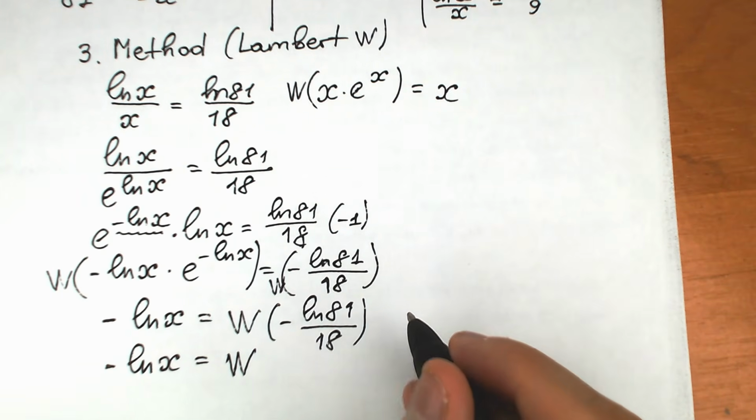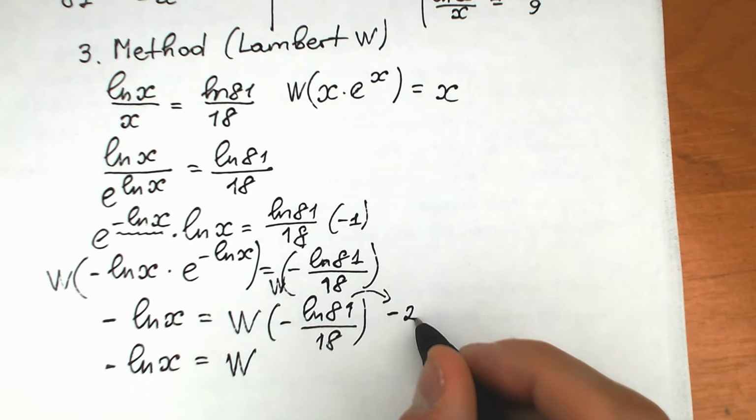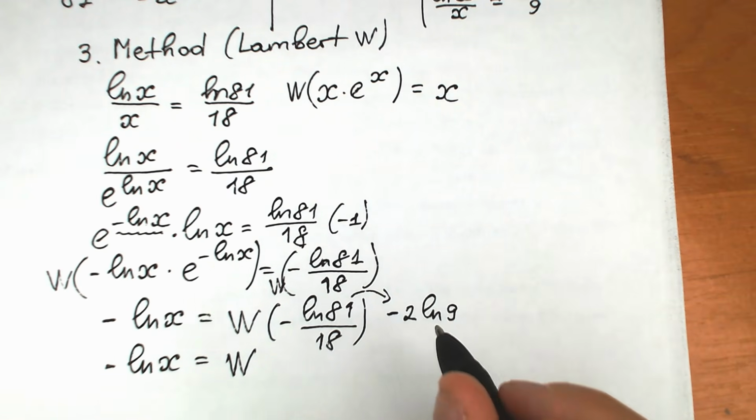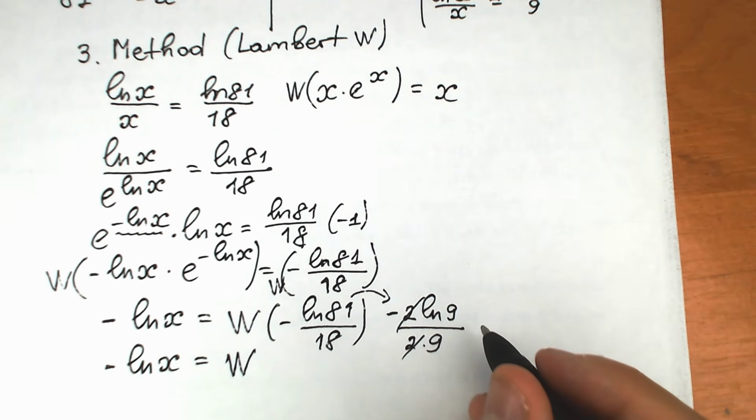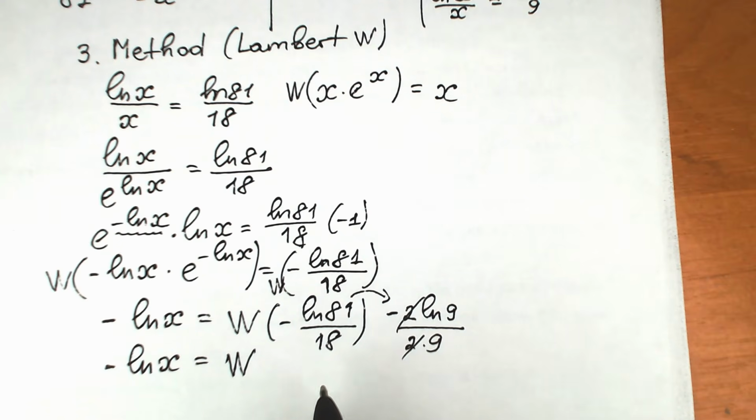Let's write this expression according to the same logic as minus 2 natural log 9, as I told before, over 2 times 9. You cancel here, so we have minus natural log 9 on the right hand side.